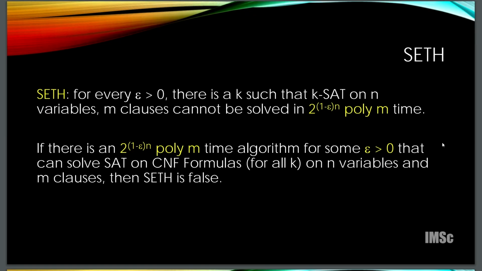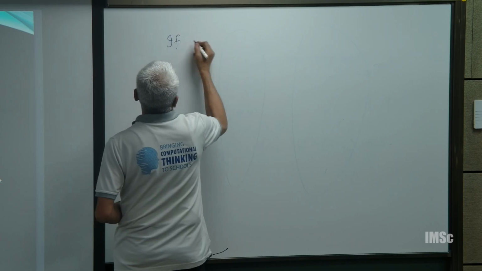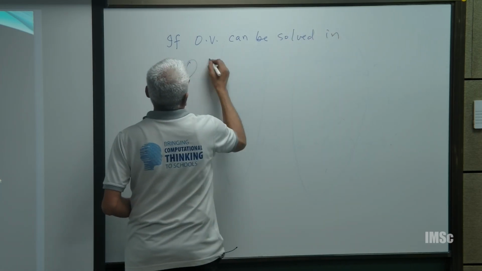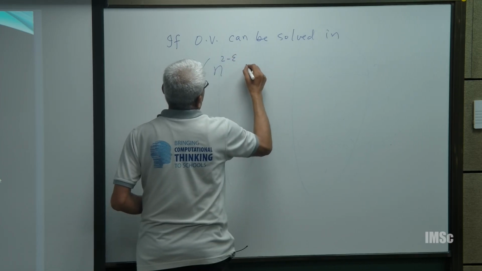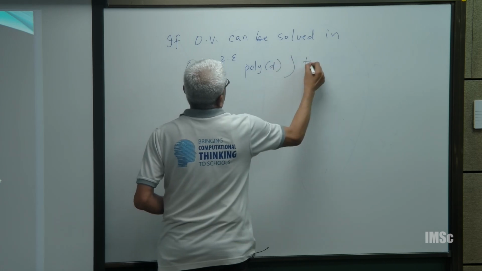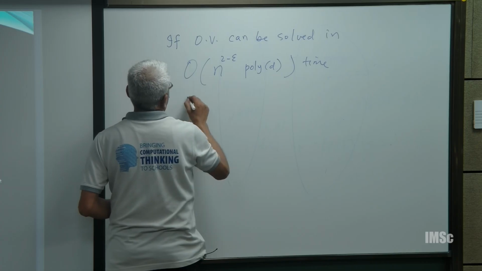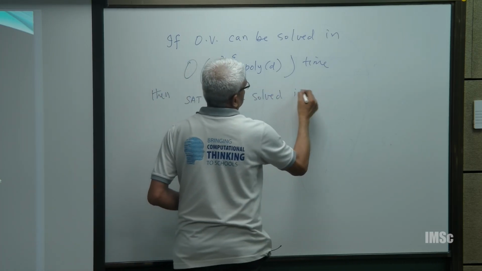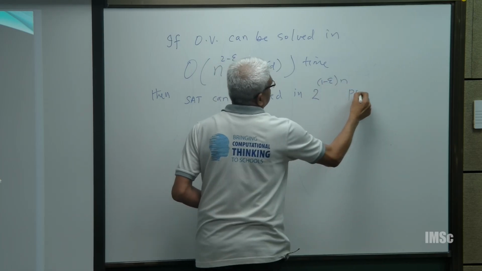We want to show that if the orthogonal vectors problem can be solved in order n power 2 minus epsilon, poly in d time, then SAT can be solved in 2 power 1 minus epsilon n, poly in m.